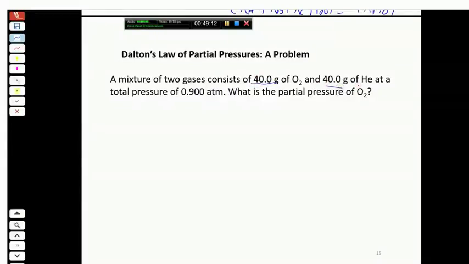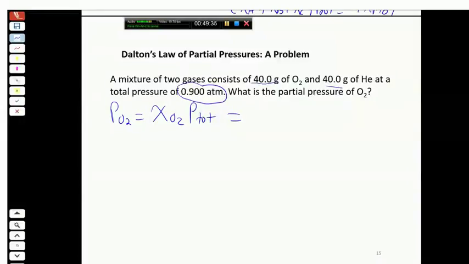So again, we're looking for the partial pressure of O2, and the relationship we just learned is that that's going to be equal to the mole fraction of O2 times the total pressure. And so we just need these two terms to tell us what the partial pressure of O2 is going to be. We see that the total pressure is already given to us at 0.9 atmospheres.